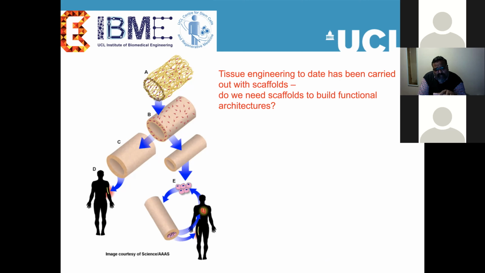And obviously, before you go to the human, the scaffold has got to be fully integrated with cells and functional. Although this schematic shows a very easy flow, I don't think in reality it's as easy as this. Nonetheless, it's a concept that we are all working with.